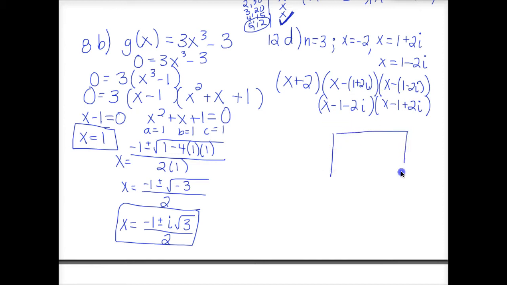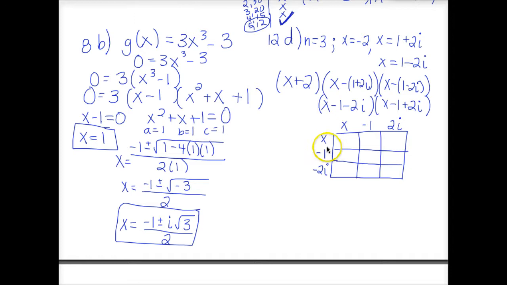So to multiply these imaginaries, I'm going to need a box because they're both trinomials. So I have a 9 square box. Doesn't matter which one goes on the top and which one goes on the side. So I'm going to do x minus 1 minus 2i down here. I'm going to do x minus 1 and a positive 2i here.